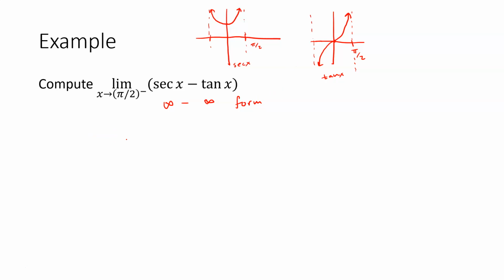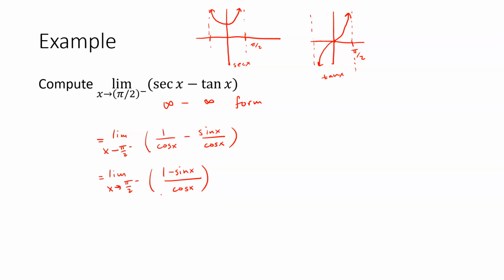And what can we do here? One thing we can do is try to rewrite this in a different form. Secant is 1 over cosine, and tangent is sine over cosine. So when I combine these together, we have 1 minus sine x over cosine x.